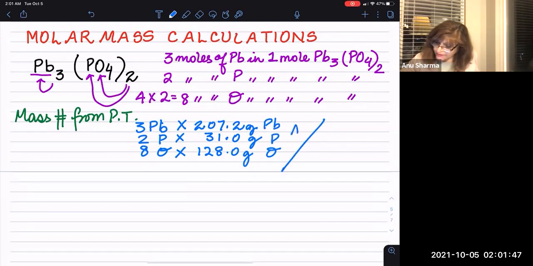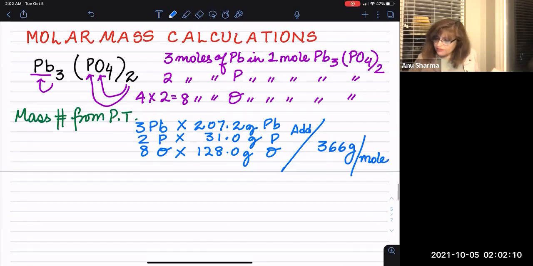And when you add all these numbers, then you get 128 plus 31 plus 207. And that gives you 366. 366 grams per mole.